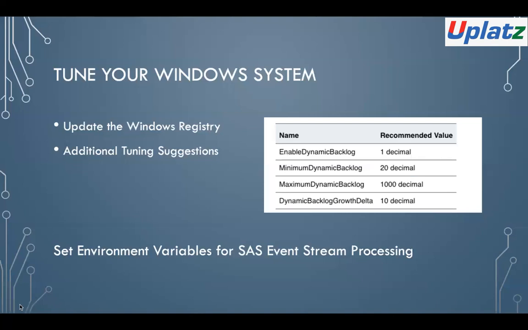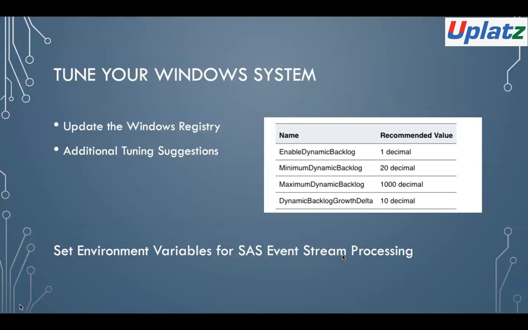This environment variable differs from environment to environment. So make sure you are doing this according to the deployment registry file that SAS has shared, and update the variables accordingly, click OK and save. Again, SAS recommends performing a restart to ensure these variables are set at the Windows level.